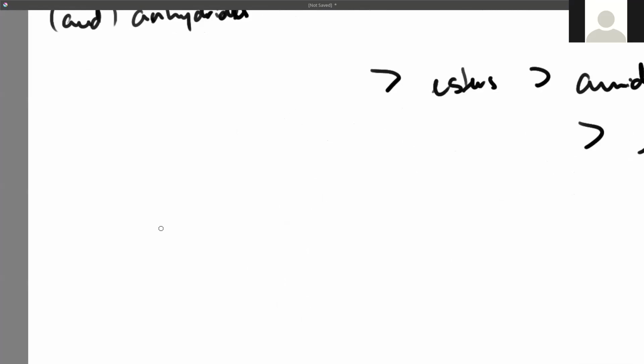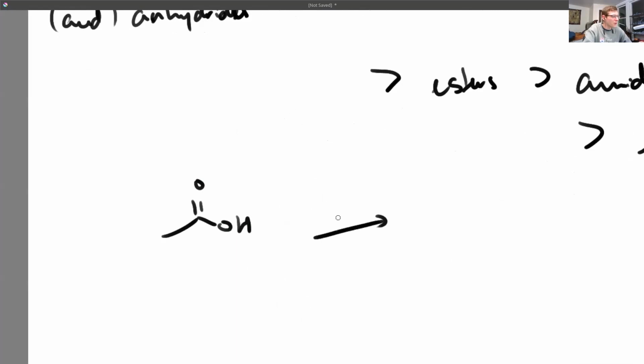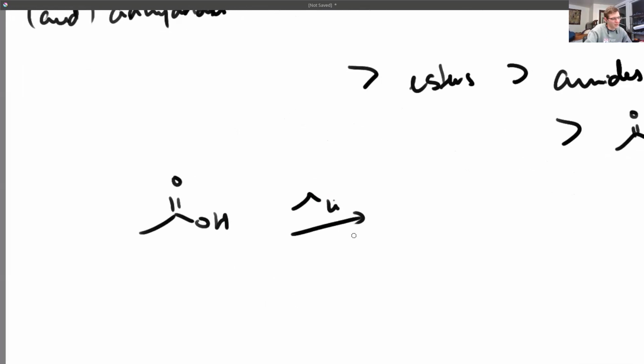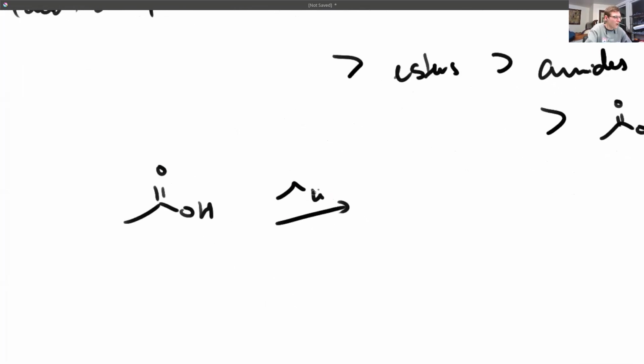So it's possible, and they love doing stuff like this, that they would give you a reaction which looks like this. The idea being that you would say, oh, this is an organometallic, here's a carbonyl, so I'm just going to add this ethyl group onto the carbonyl.